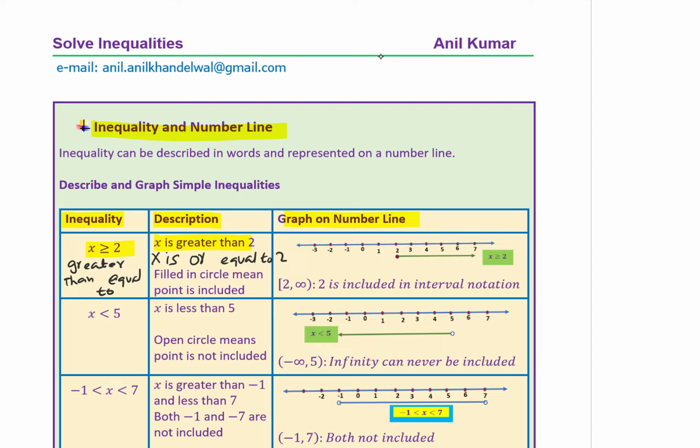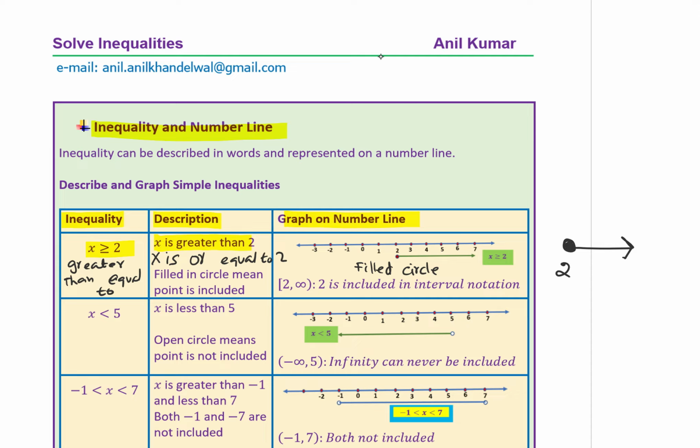But the important thing here is that if it is equal to, we'll have a filled in circle. That is the one which shows that this is equal to. So the solution set shown with a filled in circle means this point is included too, and then everything on the right side.